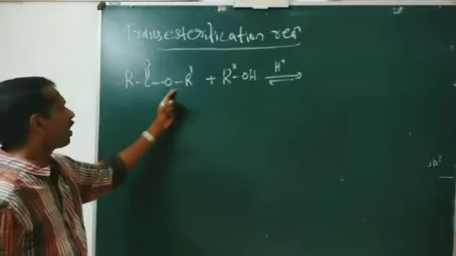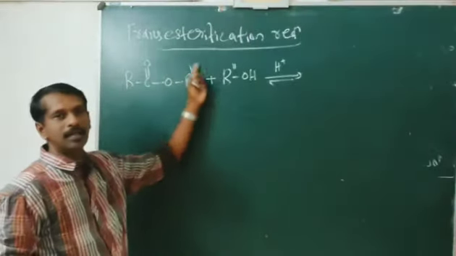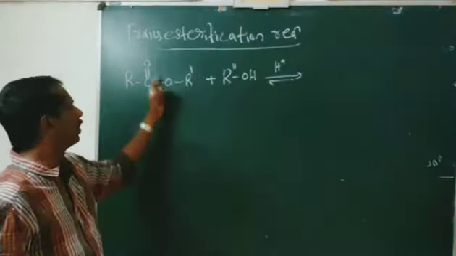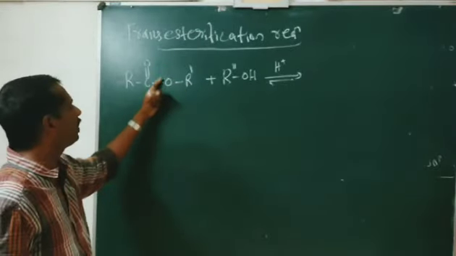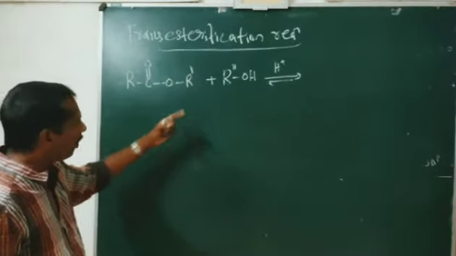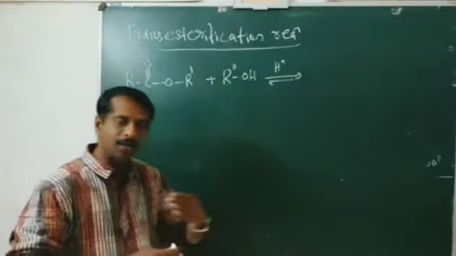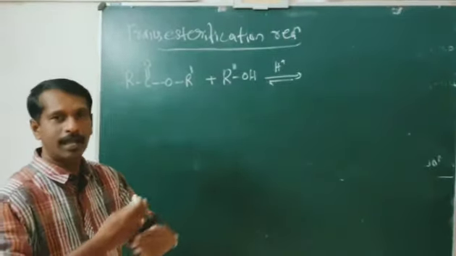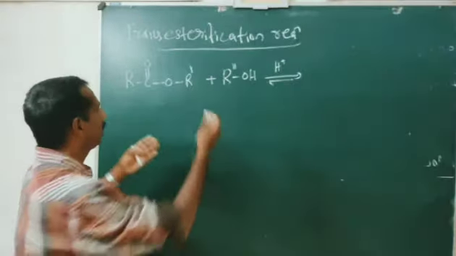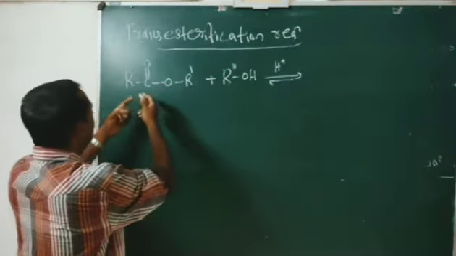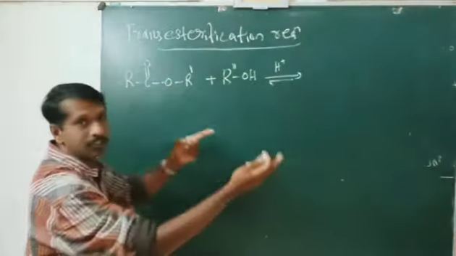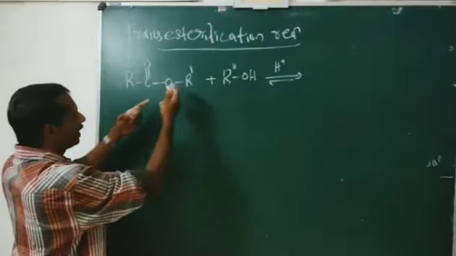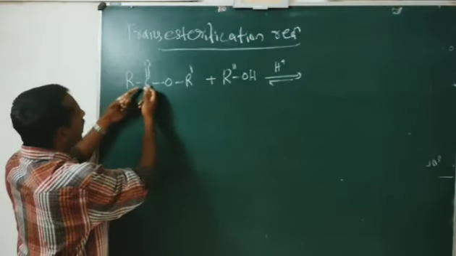the alkoxy part, this R'O group, will undergo an exchange reaction to give a new ester and a new alcohol. What do you mean by an exchange reaction? Here it is RCOO.